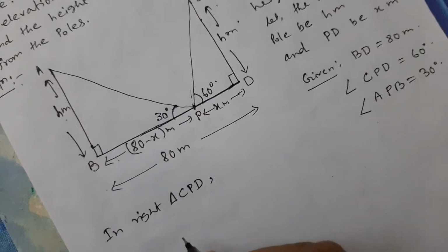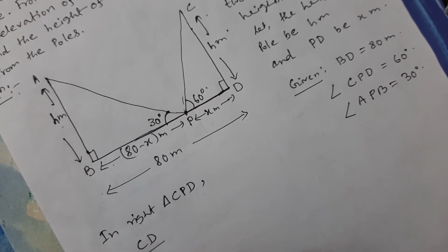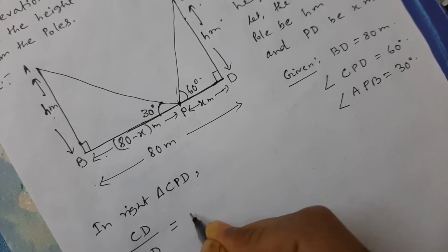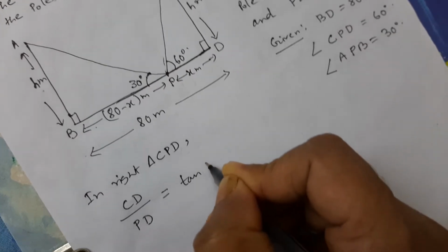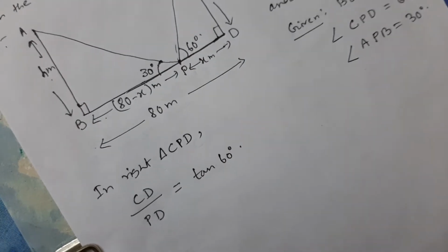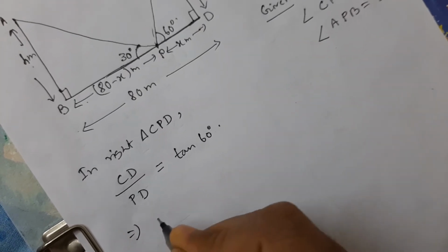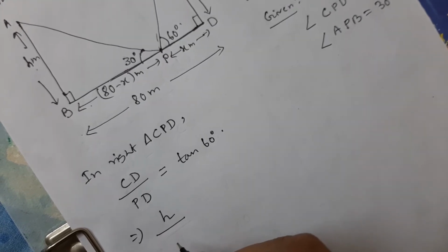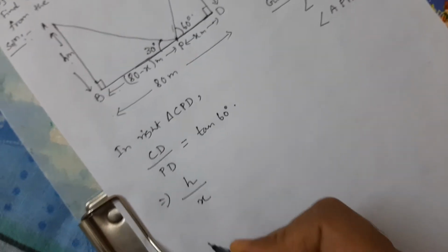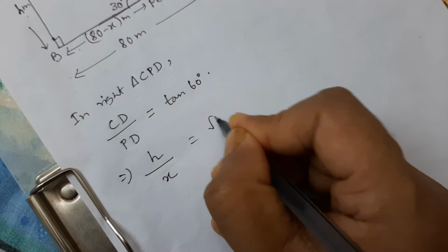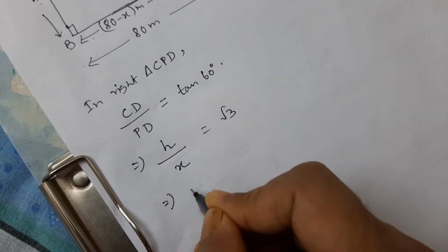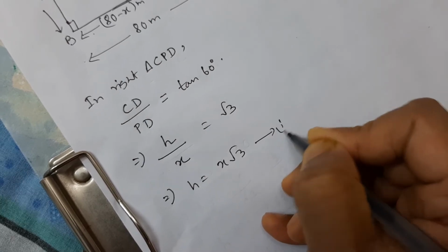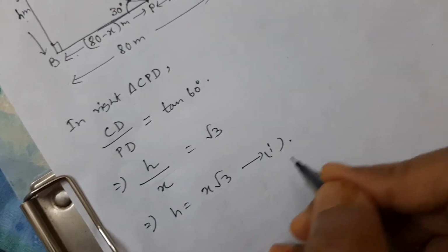So CD by PD equals tan 60 degree. CD is h and PD is x, and tan 60 is root 3. So h equals x root 3. This is equation number 1.